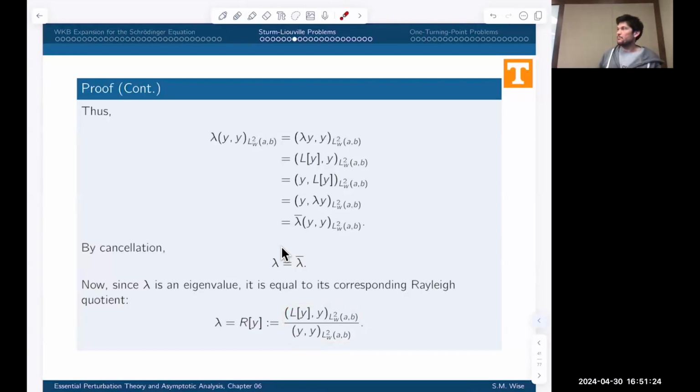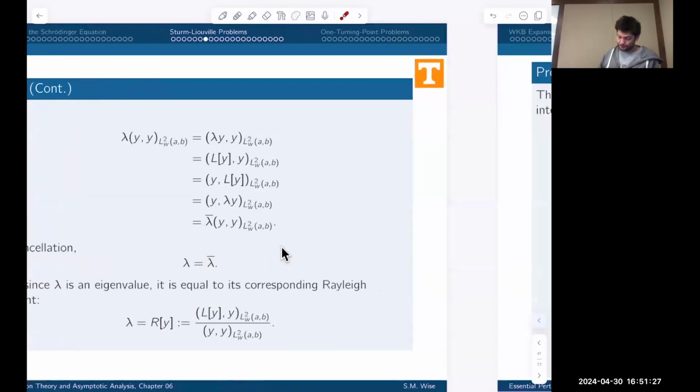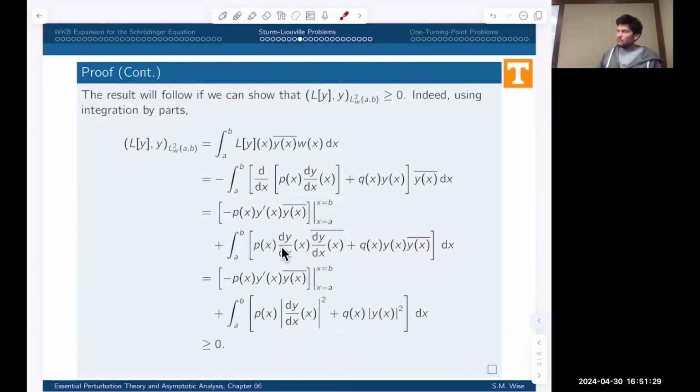And this is the style that you use to prove that. So the bottom is definitely positive because y is non-zero, so we're dividing by something non-zero. So all that matters here is the top. If we can show that the top is greater than or equal to 0, then that shows that the Rayleigh quotient is greater than or equal to 0, which shows that the lambdas, the eigenvalues, are also.